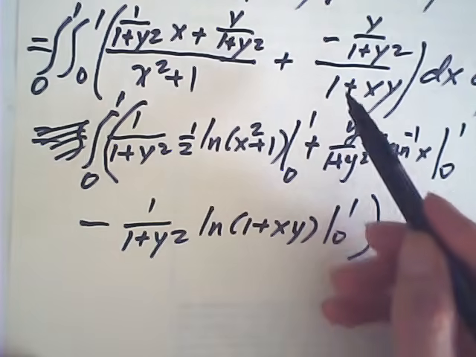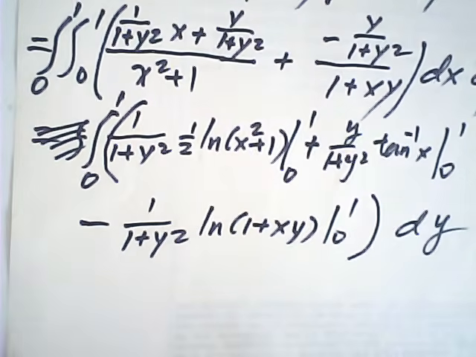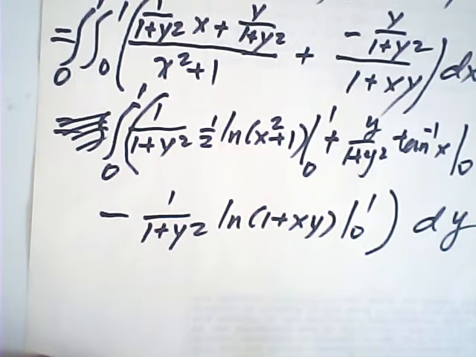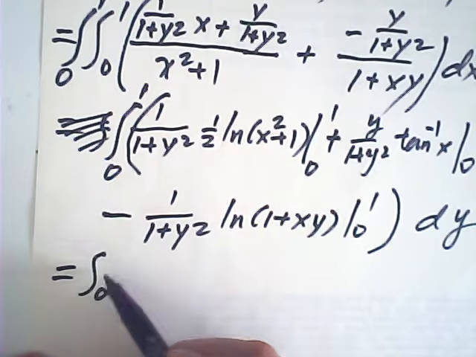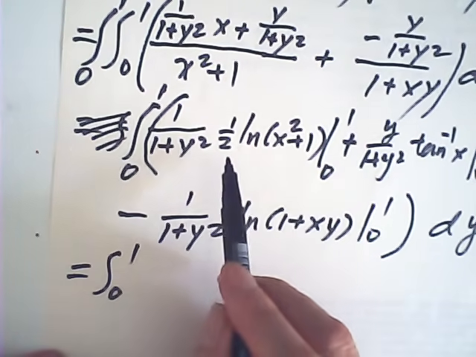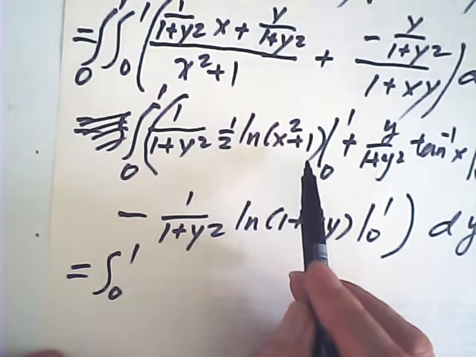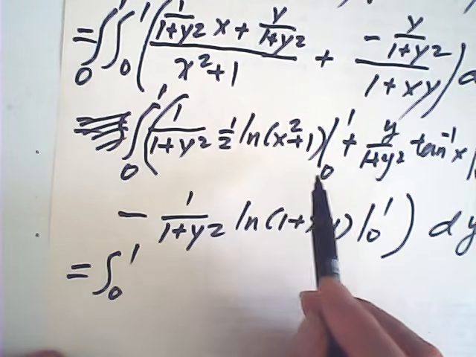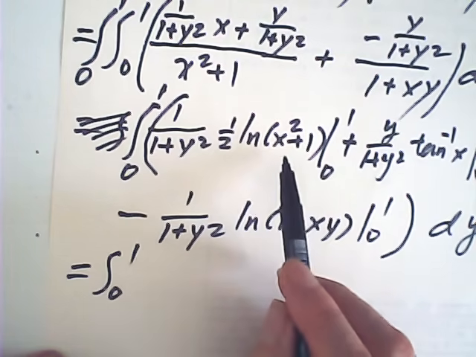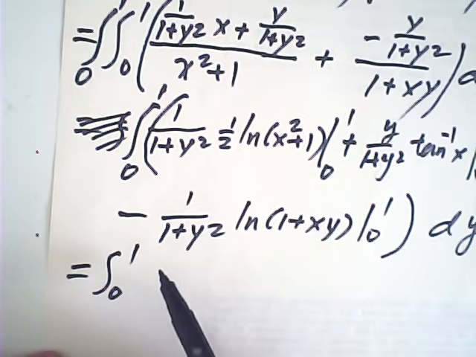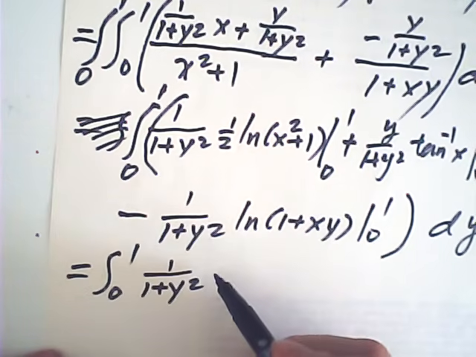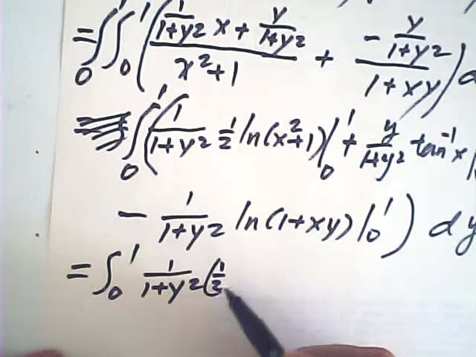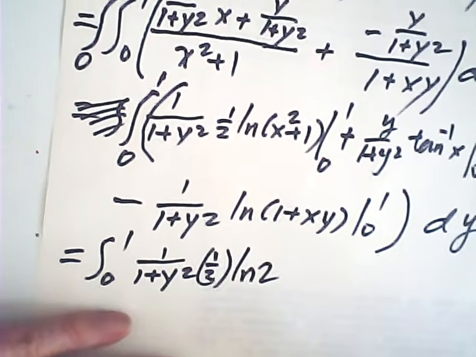Now this is the integral of this one with respect to x. Yes, it's correct. So this one is evaluated from 0 to 1. This will be log 2, yeah. This will be 1 over 1 plus y squared. This is half log 2.